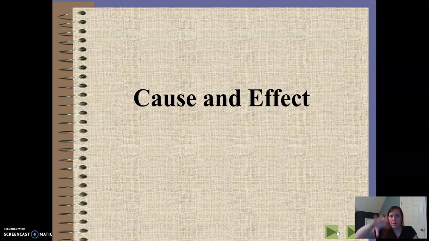That effect becomes a cause to another effect and another effect. I would call that more of a domino style essay where one thing leads to another in a very logical sequence of events. So there are some options that you have.